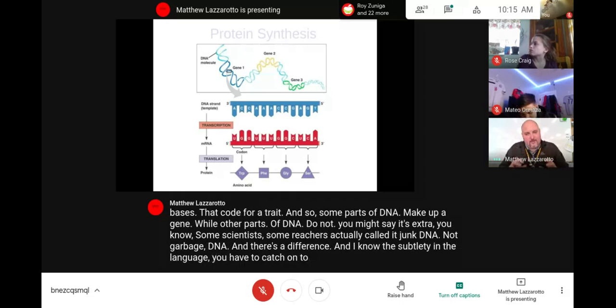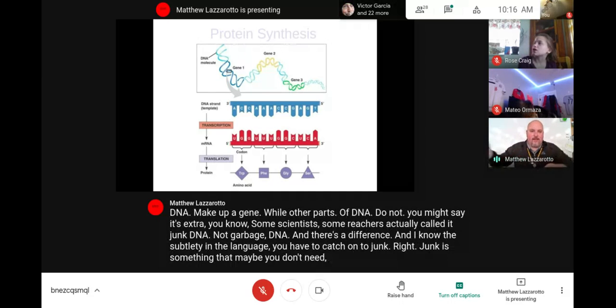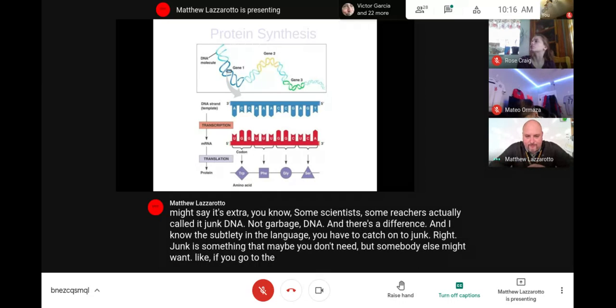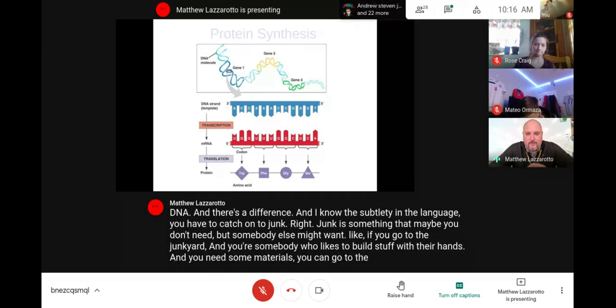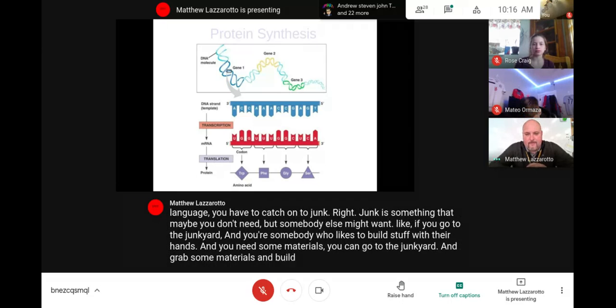Junk is something that maybe you don't need, but somebody else might want. Like if you go to the junkyard and you're somebody who likes to build stuff with their hands and you need some materials, you can grab some materials and build something that you would need.